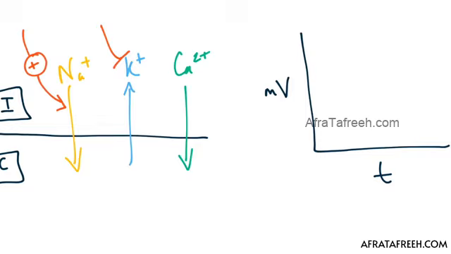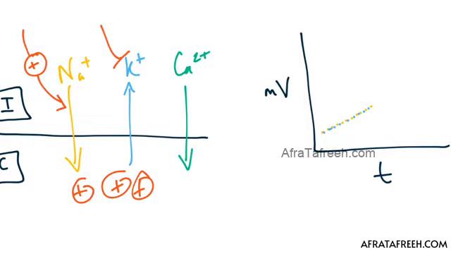You'll notice that both of these effects cause positive charges to accumulate in the cytosol, which means we'll notice an increase in voltage on our graph. As I mentioned before, this part of the action potential is called phase 4. So the voltage slowly starts to become more positive, and eventually the cell reaches threshold, which I'll draw right here.